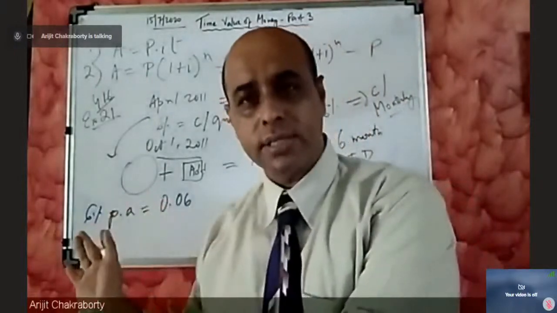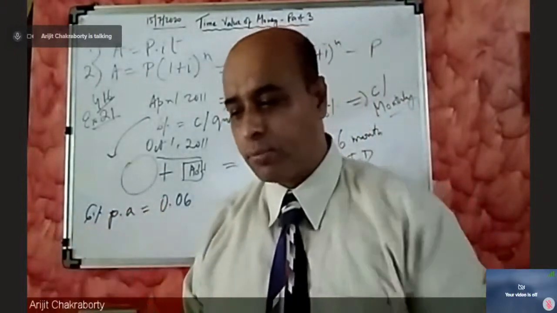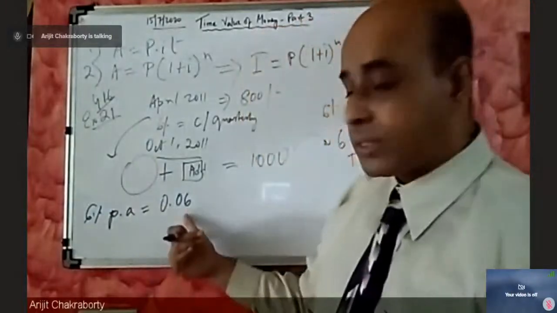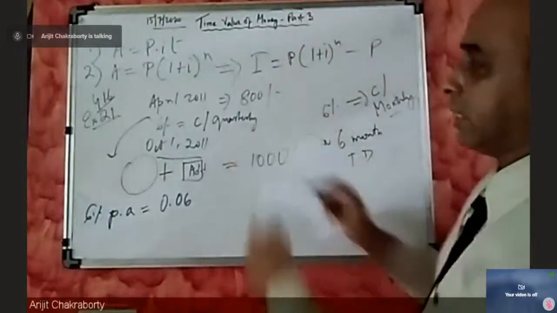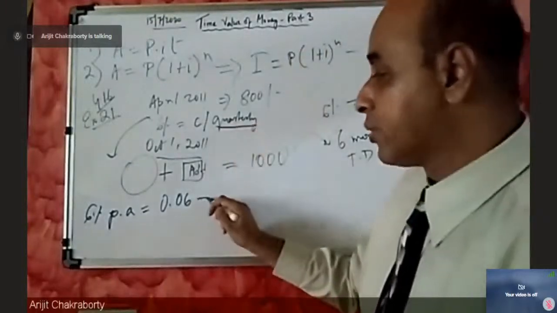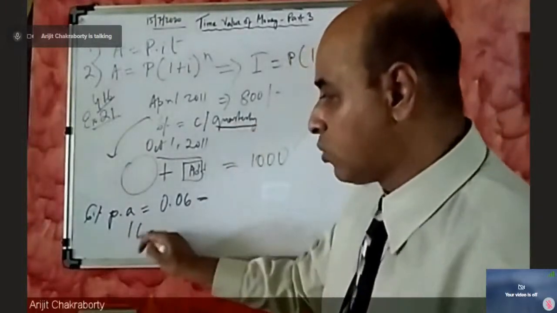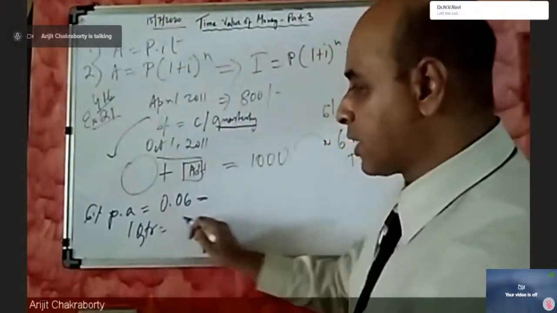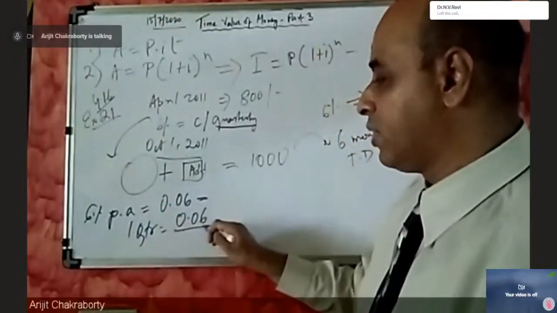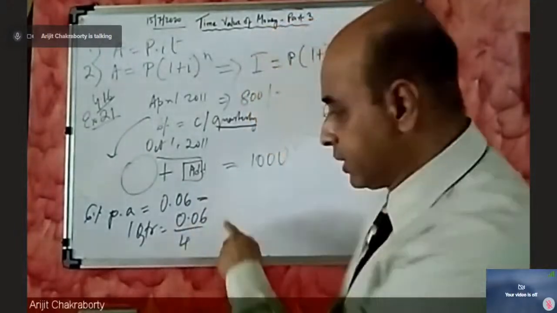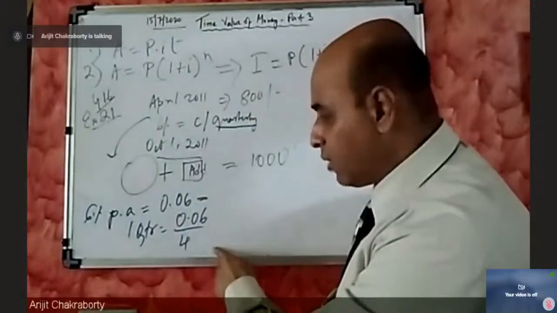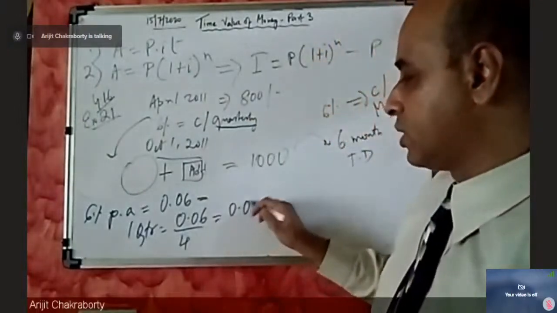I think I explained this in the last class, how we get 0.06. But this is for 1 full year, and we have quarterly compounding. So for 1 quarter, the interest becomes 0.06 by 4 because there are 4 quarters. The annual interest rate divided by 4 gives you 0.015.